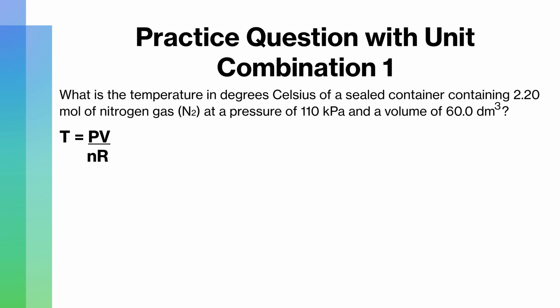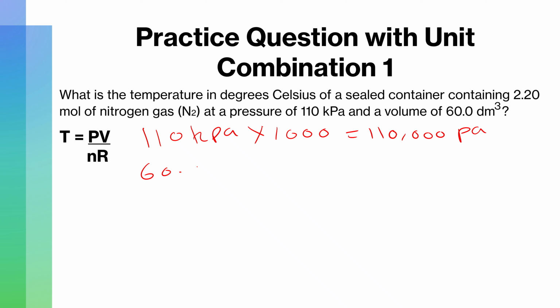Okay, so let's convert pressure first. 110 kilopascals, and to convert that to pascals, we're going to multiply it by 1,000. So that's 110,000 pascals. For volume, we are given 60.0 decimeters cubed, and we're going to divide that by 1,000 to give our answer in meters cubed, which is 0.06 meters cubed, or cubic meters.